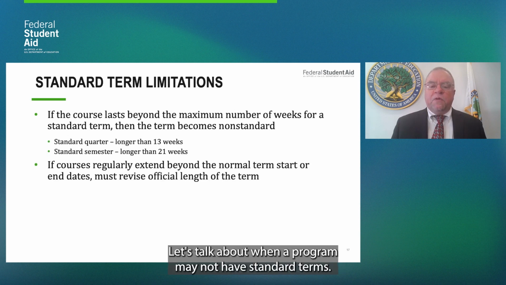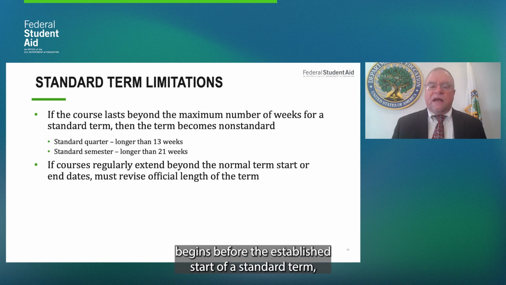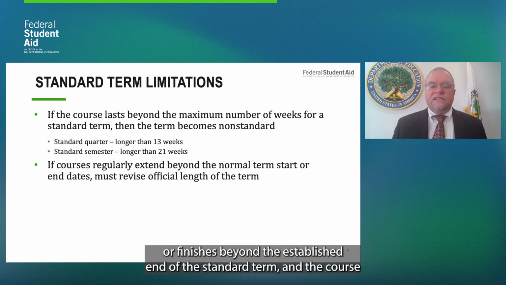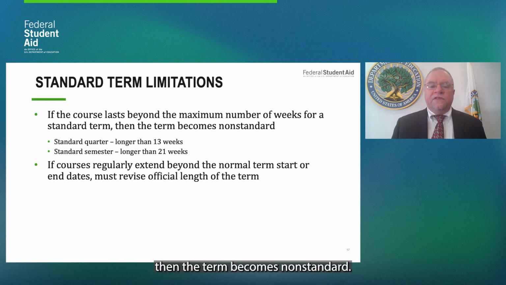Let's talk about when a program may not have standard terms. In a situation where a class in an academic program begins before the established start of a standard term or finishes beyond the established end of the standard term, and the course lasts beyond the maximum number of weeks for a standard term, then the term becomes non-standard.